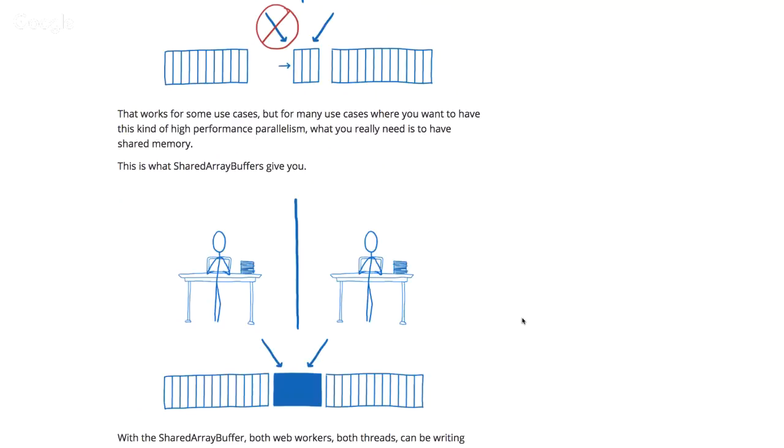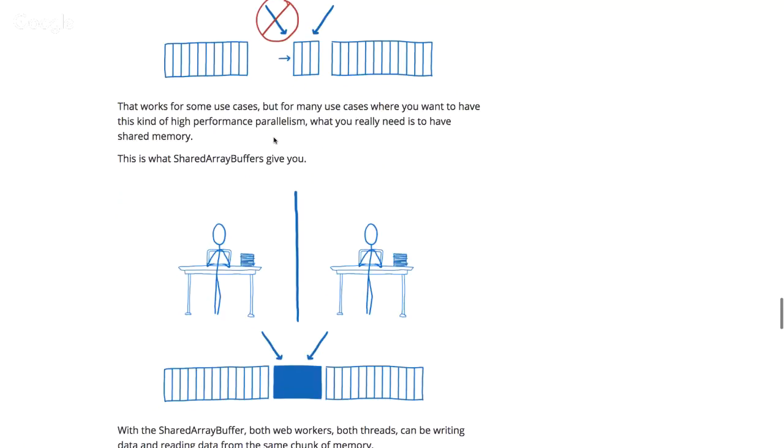They're saying that's fine for some use cases. But in a lot of cases, you want both web workers to have access to that slice of memory. In those cases, shared array buffers can be used wherever you need high performance parallelism.